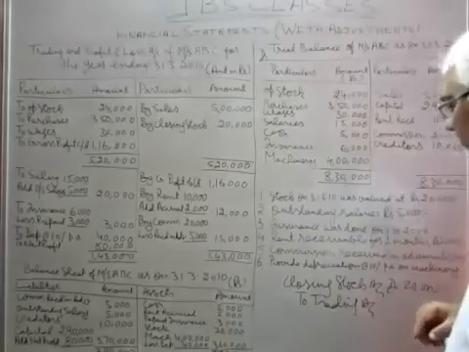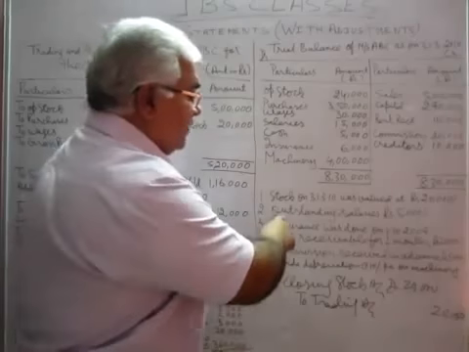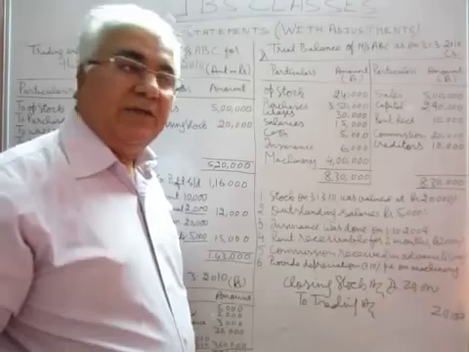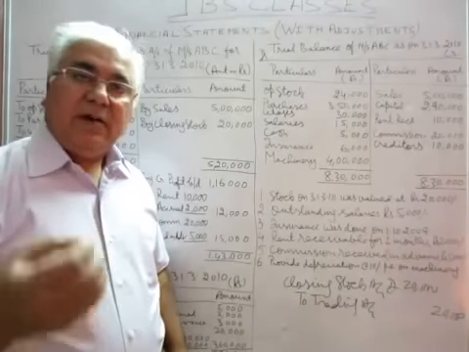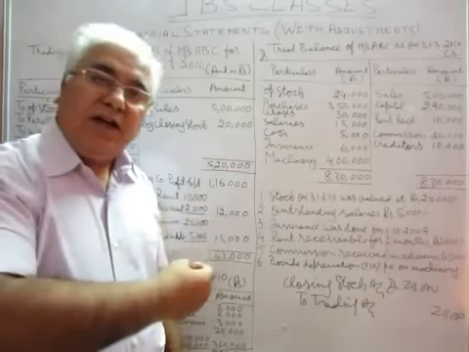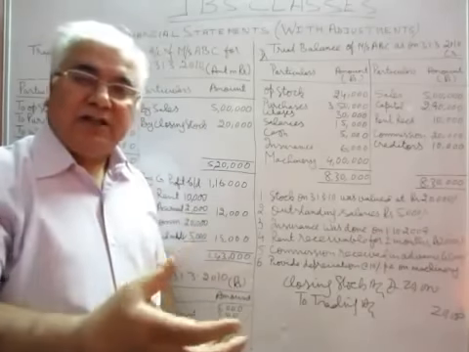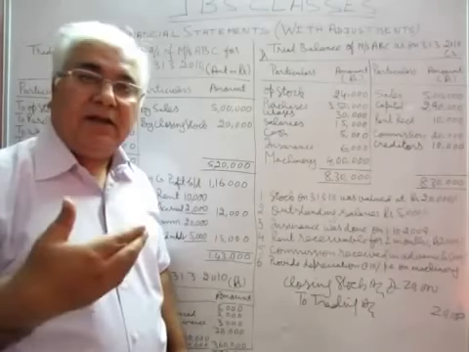Let us now see what is our other adjustment. Outstanding salaries ₹5,000. What does it mean? It means we have not paid salaries amounting to 5,000 for the current year. Naturally, it's an expense. It should be booked to salaries account, and since we have not paid it, we must create a liability.